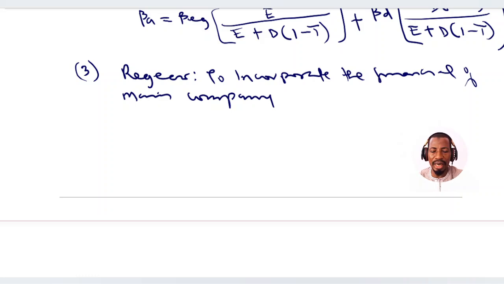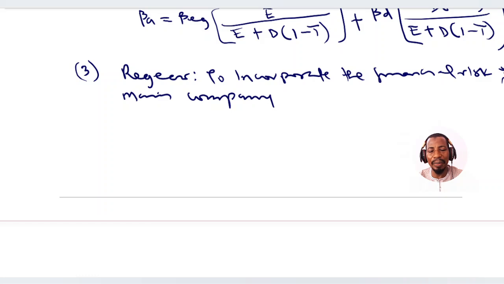So for you to regear, what you are trying to do is to incorporate the financial risk of the main company.